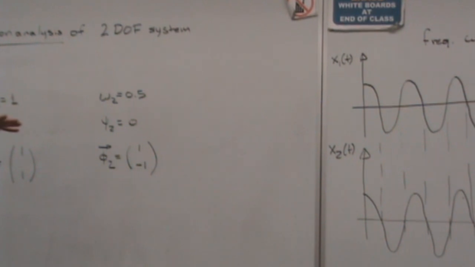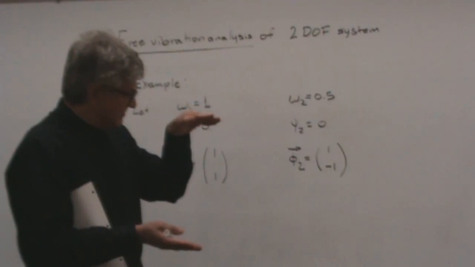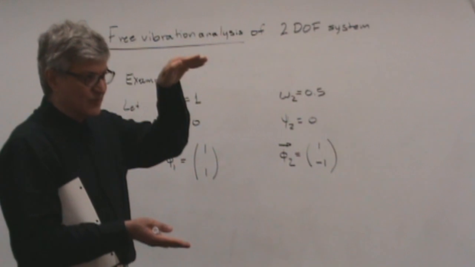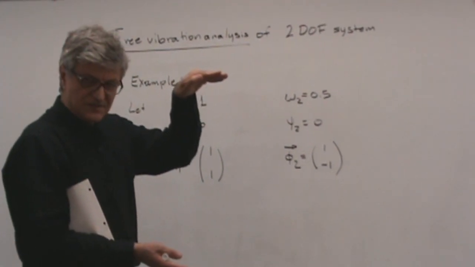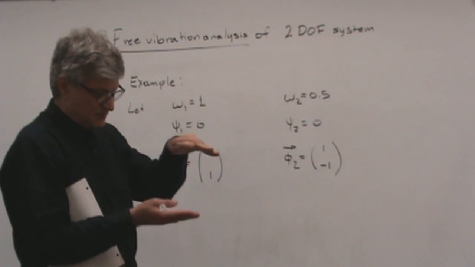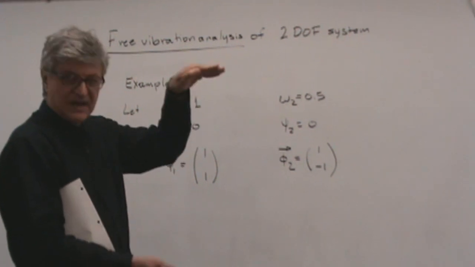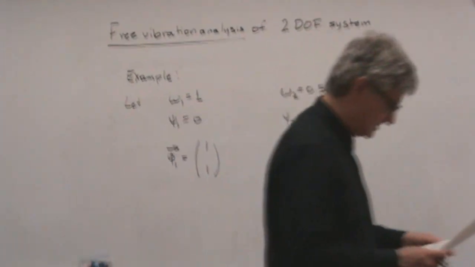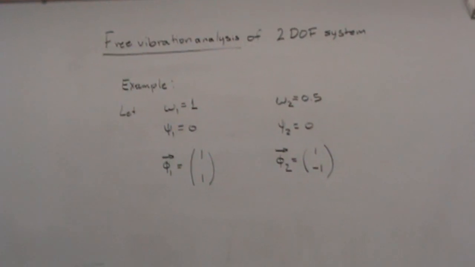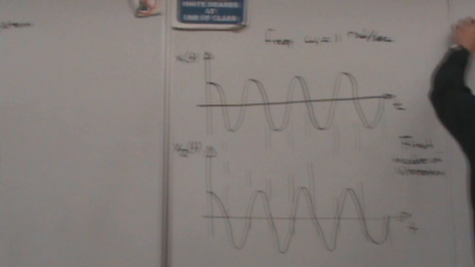And that means that when one mass moves up by 1, the other moves in the opposite direction. So the masses move like this. This is the pattern that you will see. So let's see the pattern of motion.